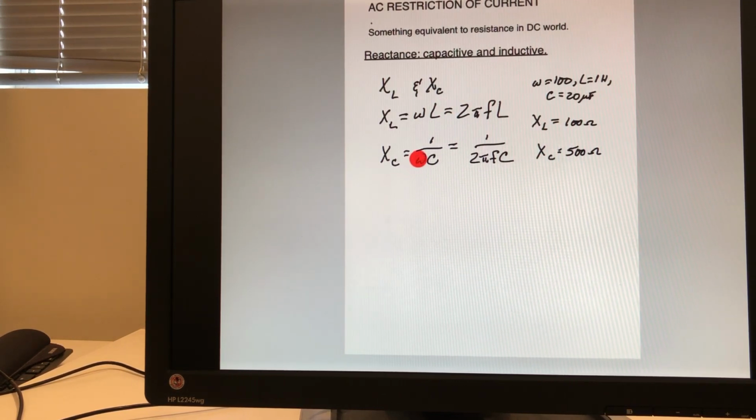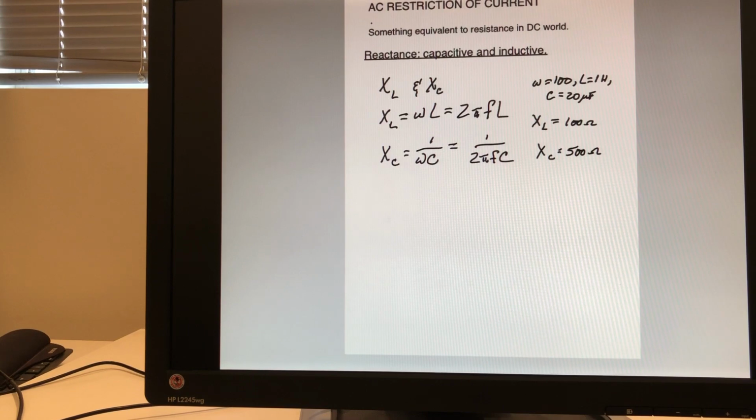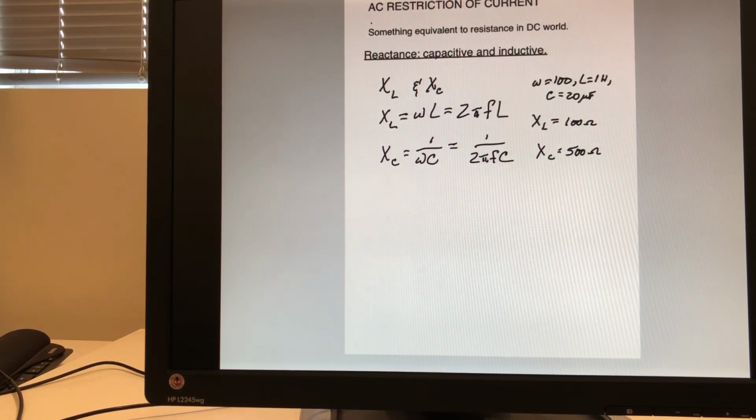For the capacitor, 100 times the capacitance, 20 times 10 to the minus 6th. When you plug those values in, you get 500 ohms for X sub C, the capacitive reactance.